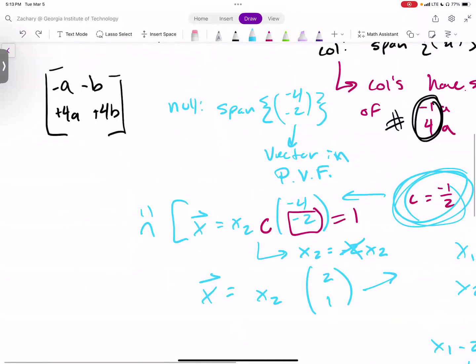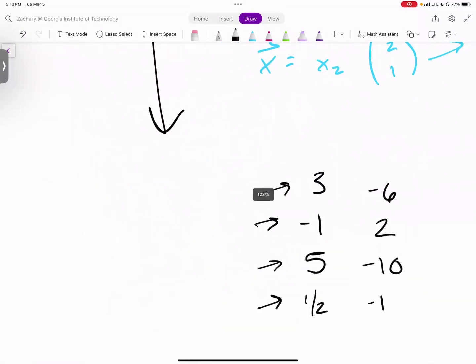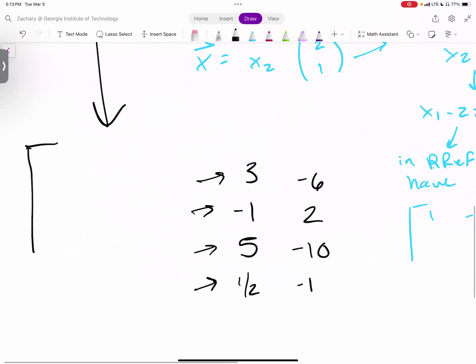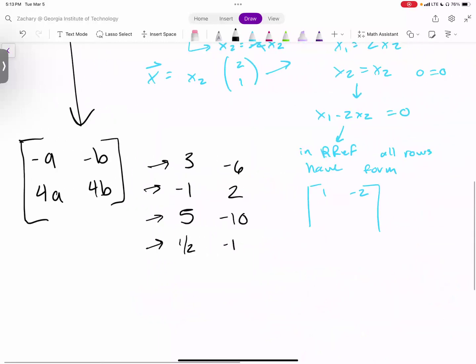So from here, we're going to rewrite this matrix we had before. So we had minus A, 4A. And we had minus B, 4B. Okay. But now we know that every row must have the form 1, negative 2. We can rewrite this as minus A plus 2A, 4A minus 8A.